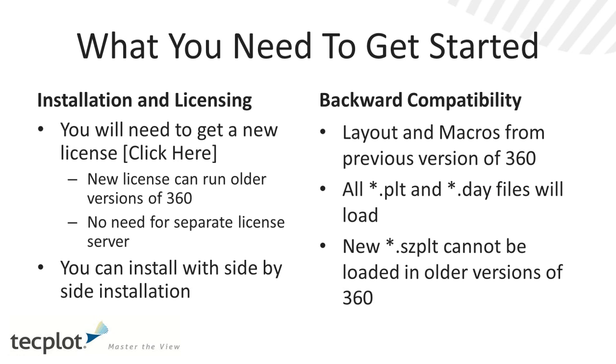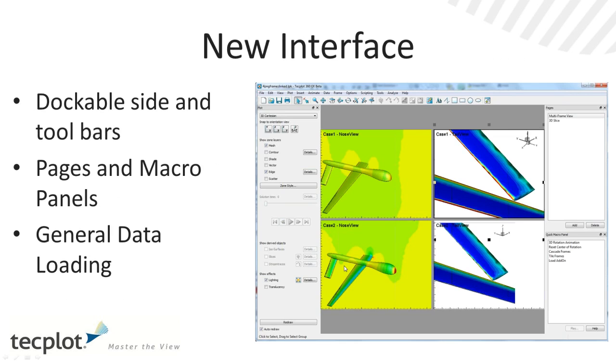That's true. What you can do, however, is write it out from EX into a PLT format, which could be loaded into a previous version. Not as convenient, but if you have to get it over to the earlier version, that can be done. And we'll talk about some of the data transformations in a moment.